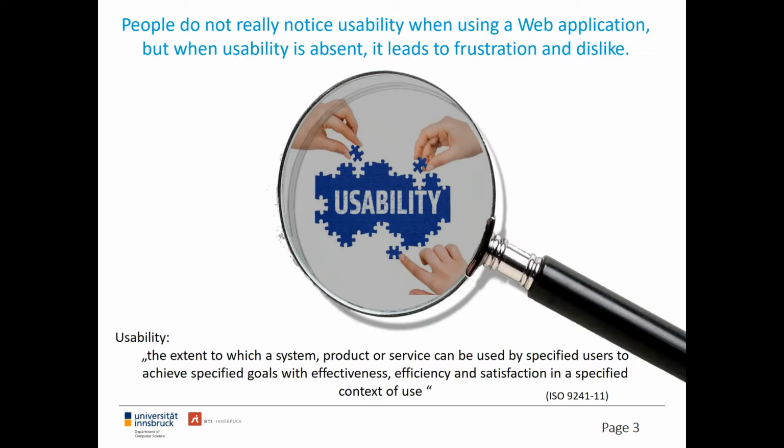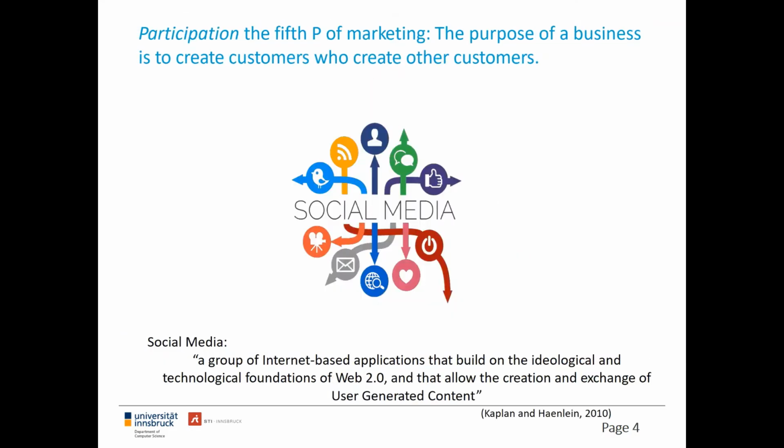Usability is the extent to which a system, product, or service can be used by specified users to achieve specified goals with effectiveness, efficiency, and satisfaction in a specified context of use. This is how the standard for usability defines this. Yeah, so we have many actually complex things: effectiveness, efficiency, satisfaction in a specific context.